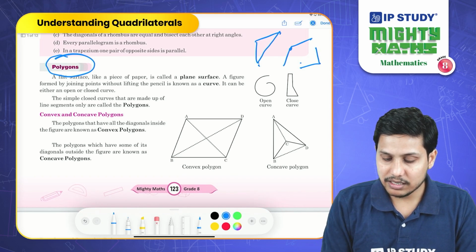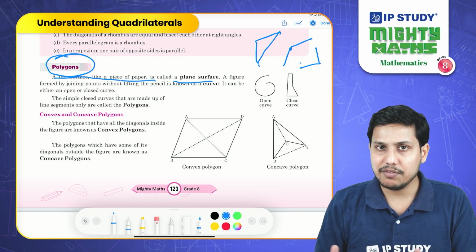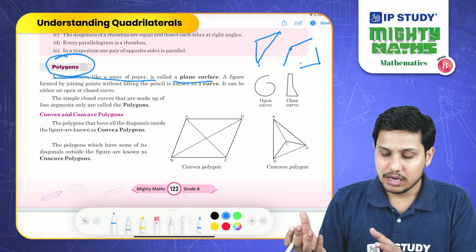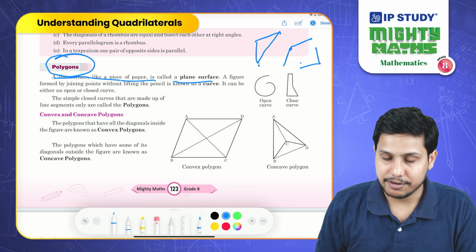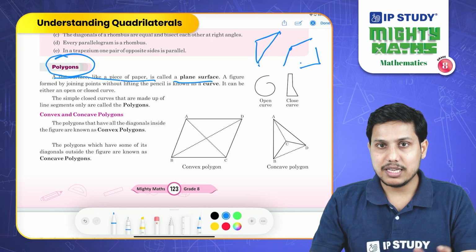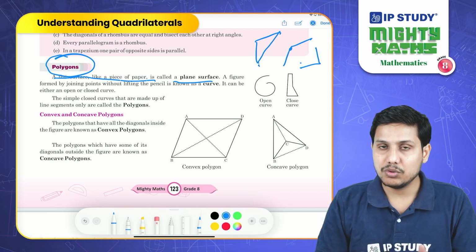A flat surface like a piece of paper is called a plane surface. Before polygon, we have to understand what is a plane surface, what is a curve, and how a polygon gets formed from there. A plane surface is any surface which is flat like this piece of paper, with no thickness.